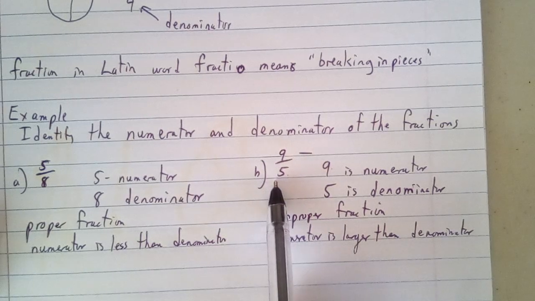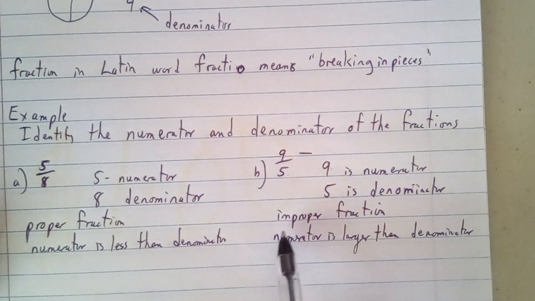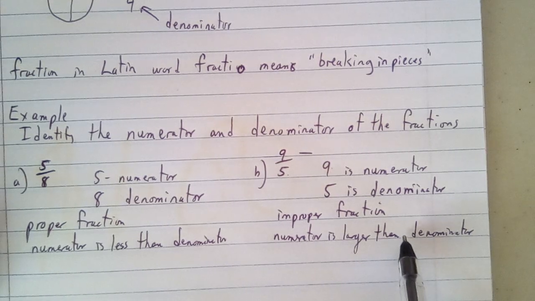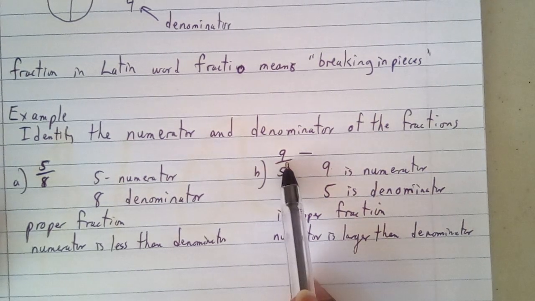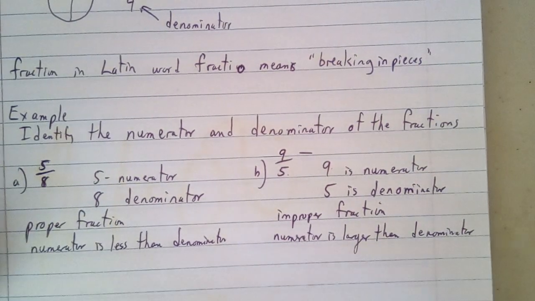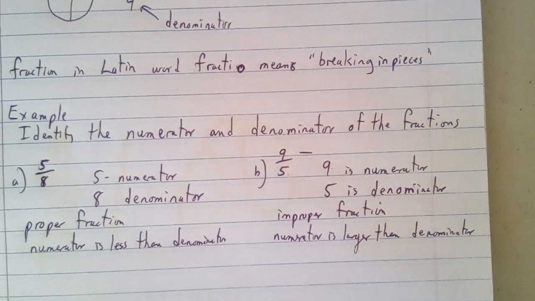This one here is an improper fraction because the numerator is larger than the denominator. The middle piece here is the fraction bar. That's the only thing you need to know about identifying the numerator and the denominator of a fraction.